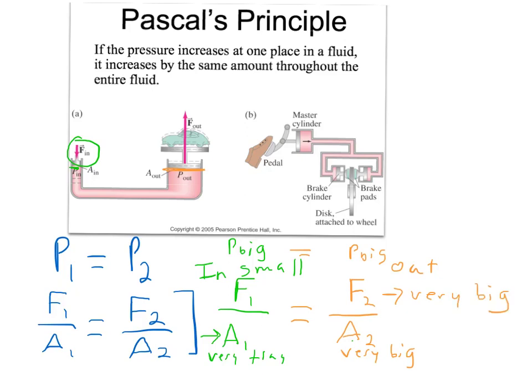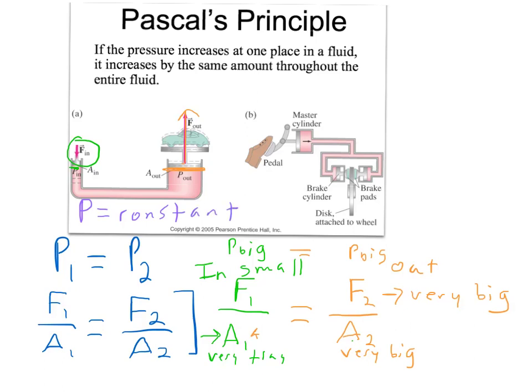And this is how we're able to lift up a car with a jack: we put a small force in over a small area, and then on the other side of our jack we make the area very big, and according to Pascal's principle, that means that the force has to be very big coming out, because the pressure in this entire tube has to stay constant.